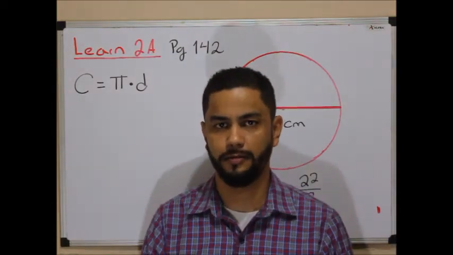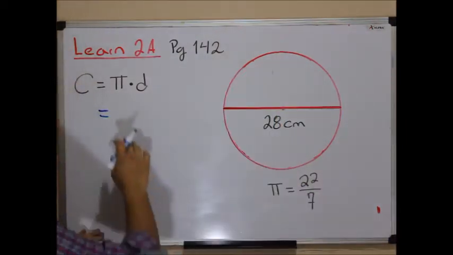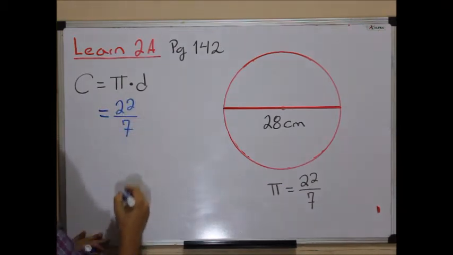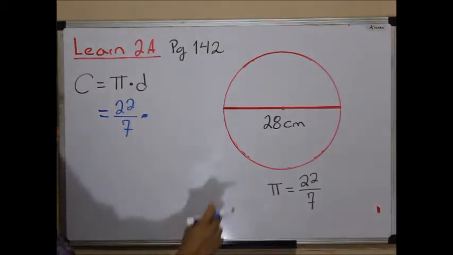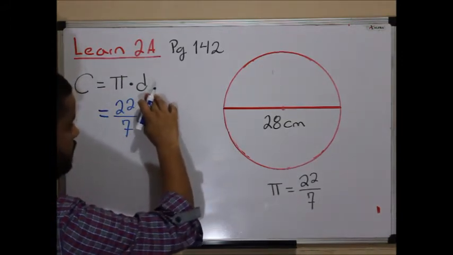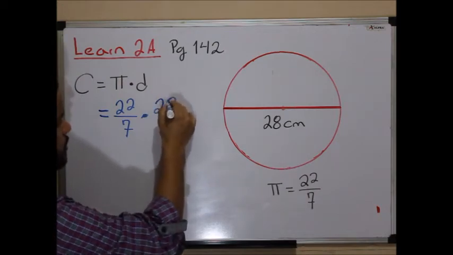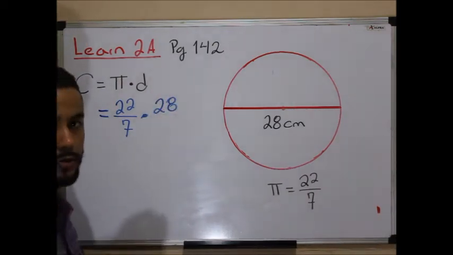So now we're going to substitute the value that we have in this formula. So instead of writing pi, we're going to write 22 over 7 times, and instead of writing the d of diameter, we're going to write the value of our diameter, that in this case is 28.